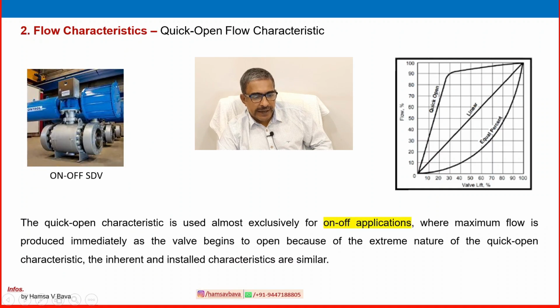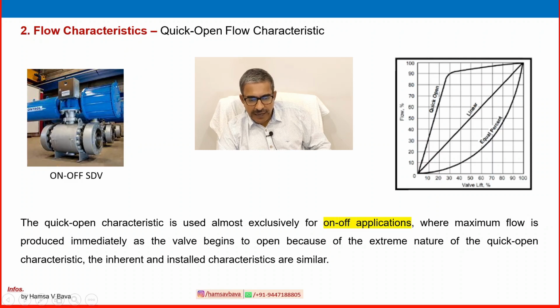The quick open characteristic is used almost exclusively for on-off applications. On-off application means, for example, an ESD valve is in either the on position or the off position. The off position is very fast, that is the shutoff position, and the open position is slower. Here, the maximum flow is produced immediately as the valve begins to open.